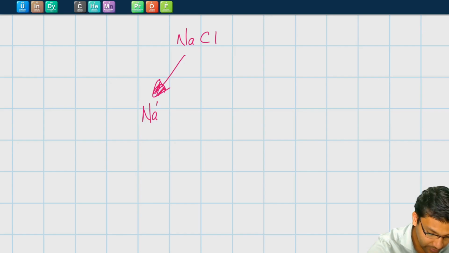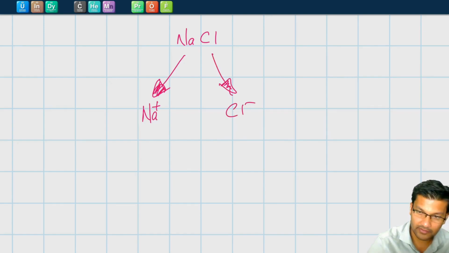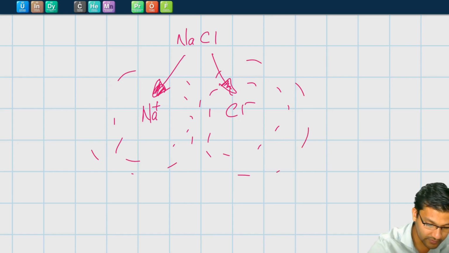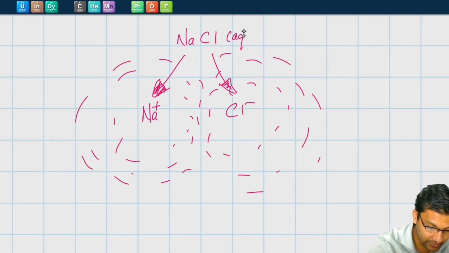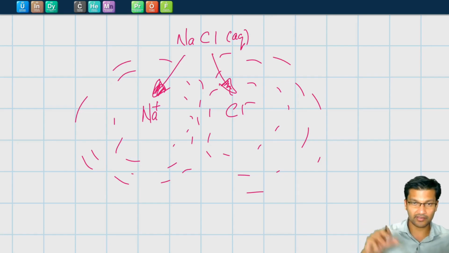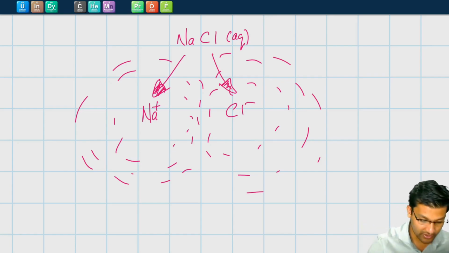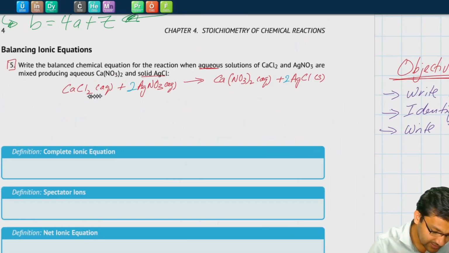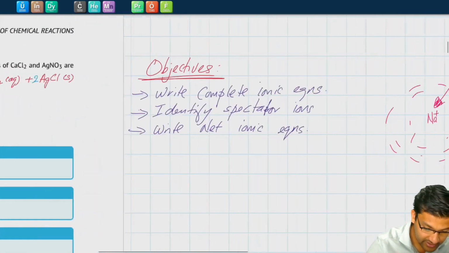It produces Na plus ions and Cl minus ions. And then these ions are just floating around your solution, surrounded by lots and lots of water molecules. So for any salt solution, whenever we see the symbol aqueous, what we should be imagining is that that salt is split apart into separate ions and floating around randomly in our solution. So in the example for this question, we have AgNO3, silver nitrate.